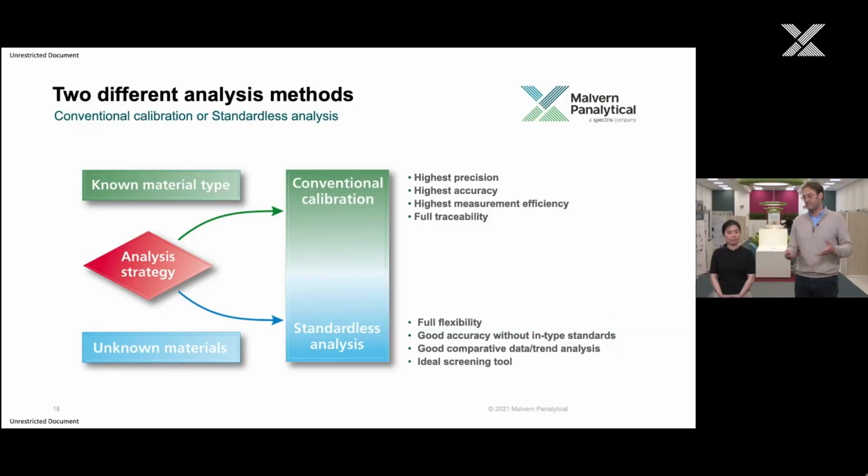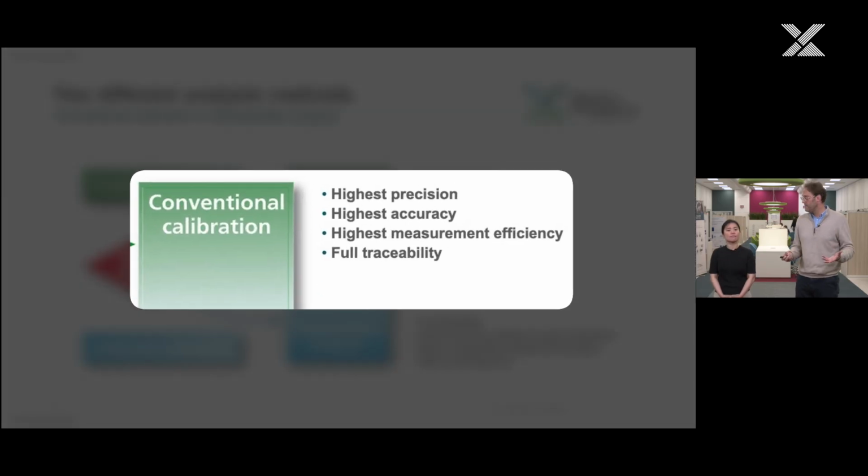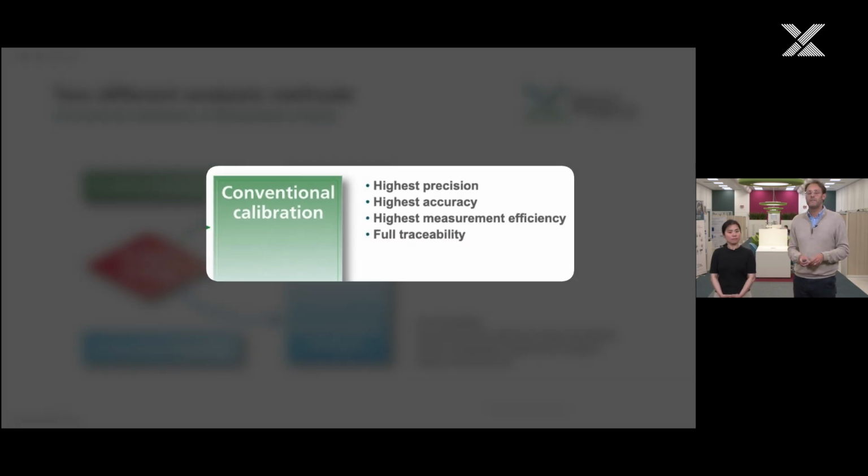There are two different ways to calibrate your instrument or do analysis. First one is the conventional way with a set of standards where you know the elemental composition, you know the element concentrations, you know everything, let's say cement.